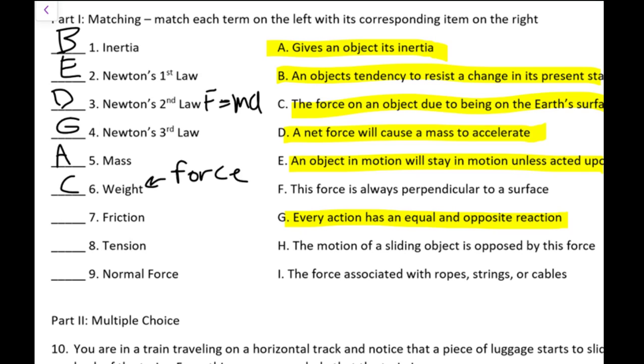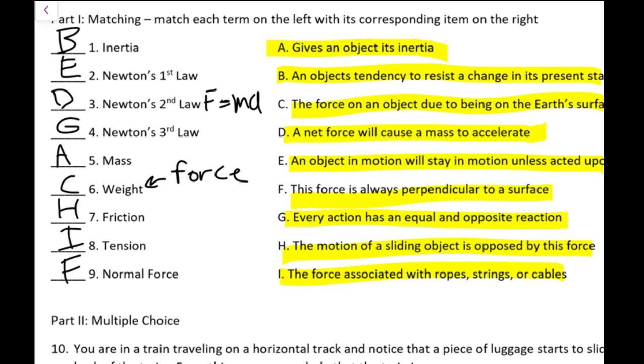The normal force is this force that's always perpendicular to a surface. The tension is a force that's associated with ropes, strings, and cables. And friction is the force that opposes the motion of a sliding object. So friction always opposes the motion of an object.